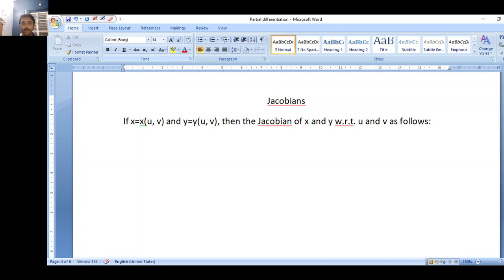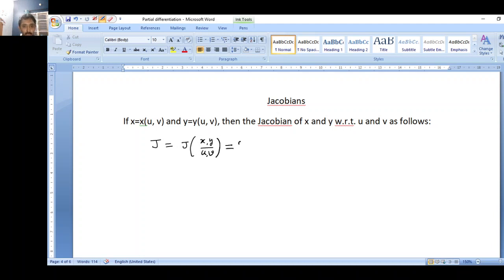First of all, the Jacobian of x and y with respect to u and v is denoted by J of x comma y by u comma v. This is another denotation of the Jacobian of x and y with respect to u and v.